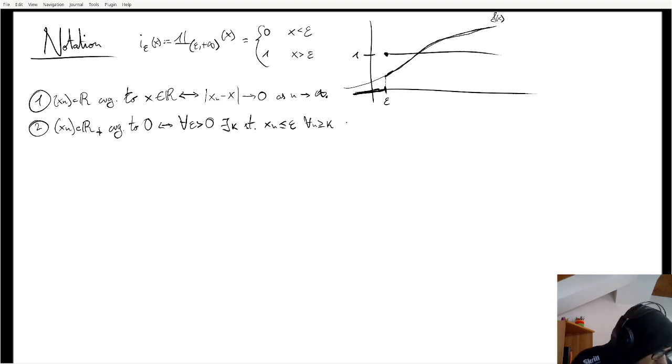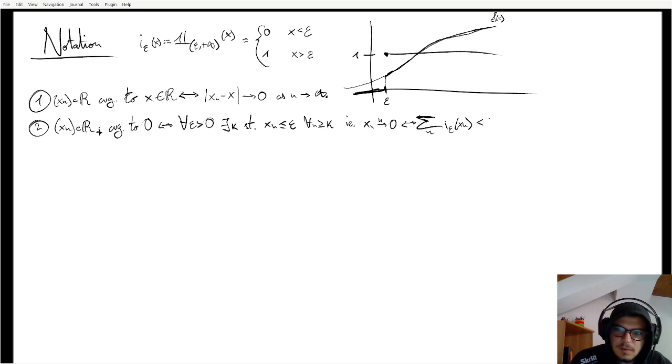In other terms, xn goes to 0 if and only if the sum over n of I epsilon of xn does not explode for any epsilon greater than 0.